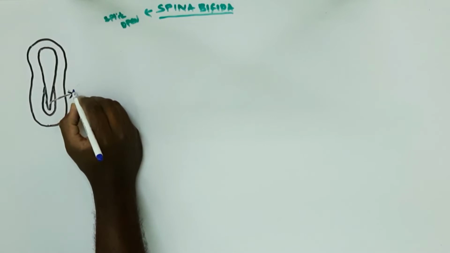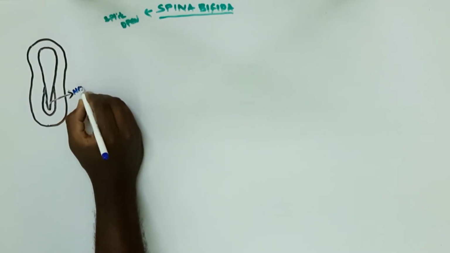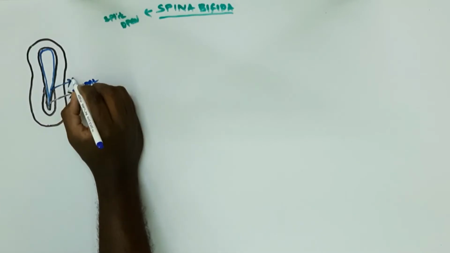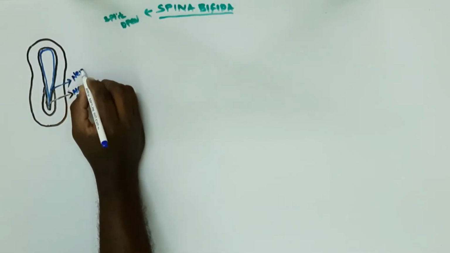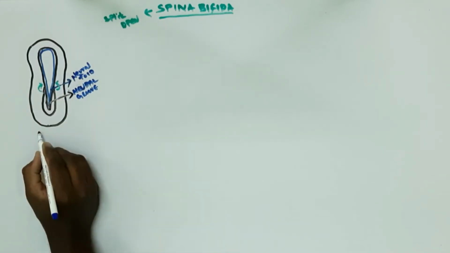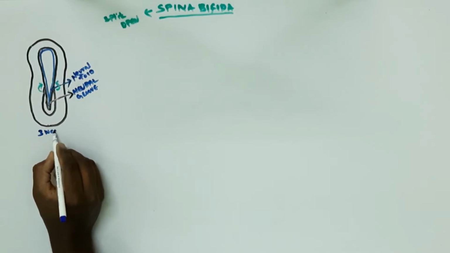We'll see about the neural tube formation at week 3. This is the neural groove, and now I'm showing you the neural fold, which will fold from the center and start forming from down to upper. So that is the third week.